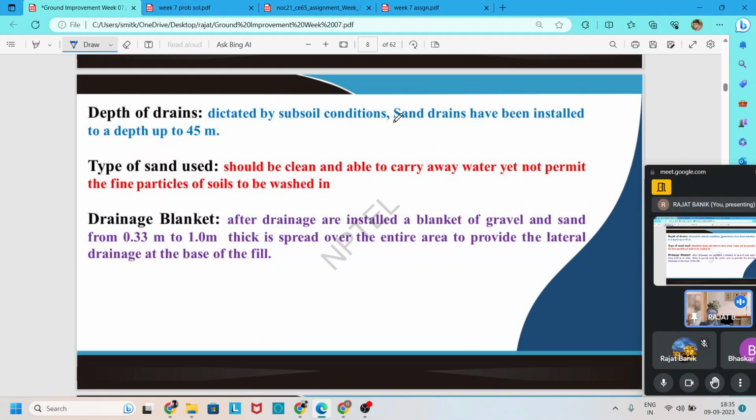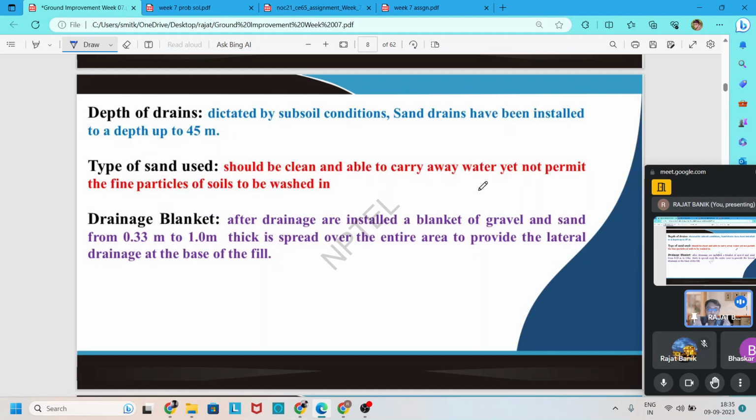In the next point, we look at the type of sand we use. It is said that clean sand, which is readily available and carries away water very quickly, can be used for this type of sand drain.